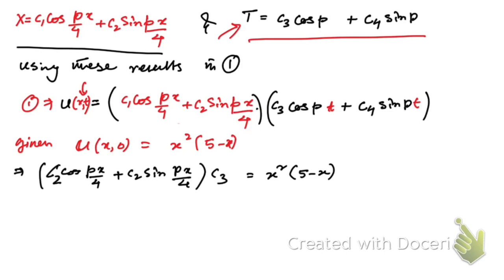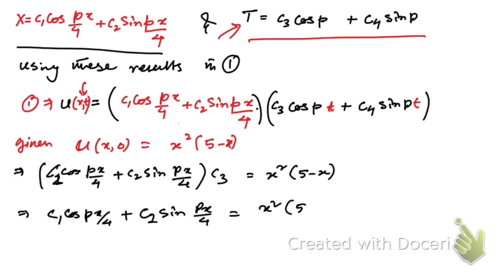So now here you see, c1 cos px by 4 plus c2 sin px by 4 will be equal to x square into 5 minus x divided by c3.